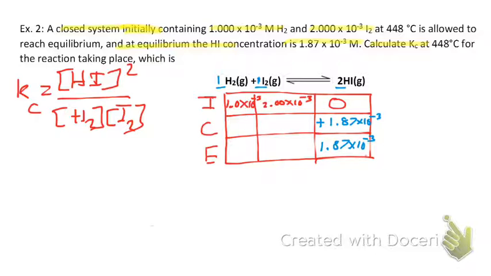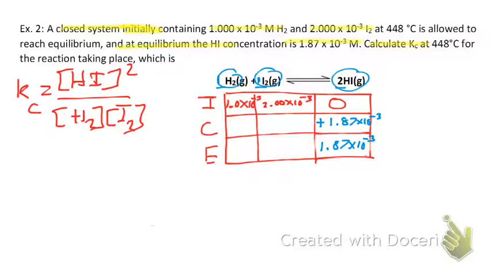That means that in reality, we should have half the amount of concentration of H2 and I2 compared to our product, which has a ratio of 2 to 1. So that means that we can take our change in concentration of the product and divide it in half. And that would give us our change in concentration of our reactant.